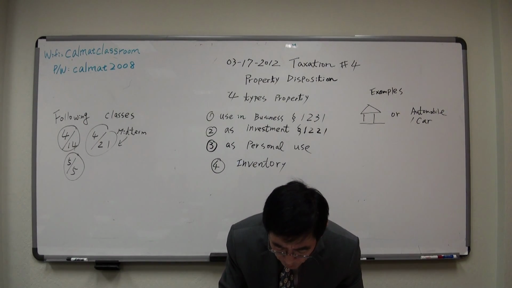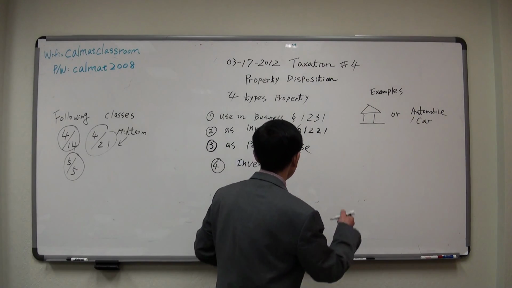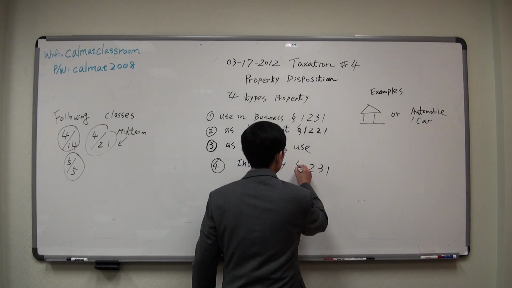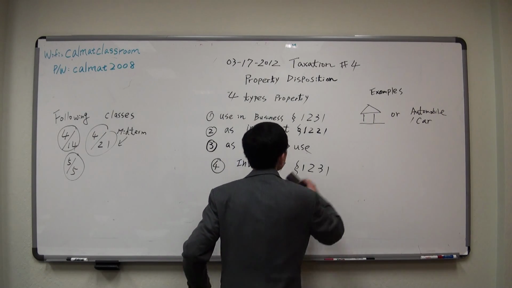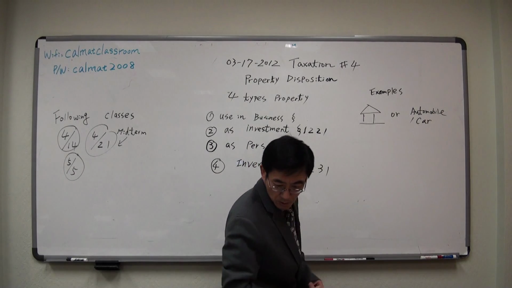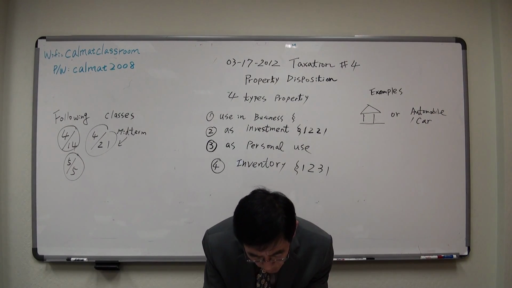Oh, I'm sorry, I give it wrong. 1231. This is 1231. This one. Let me change it. Anybody can help me to find out what is the using business? Let's see. Let me change a little bit. Okay. So 1231.